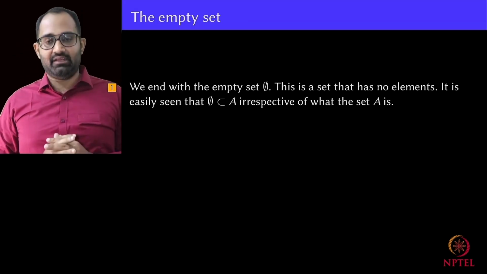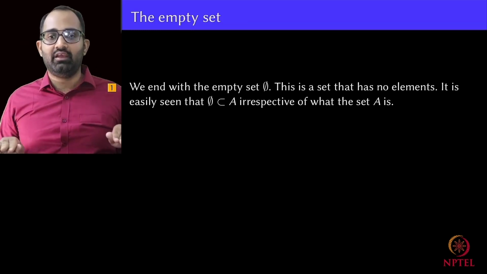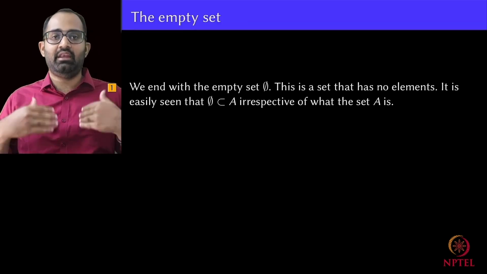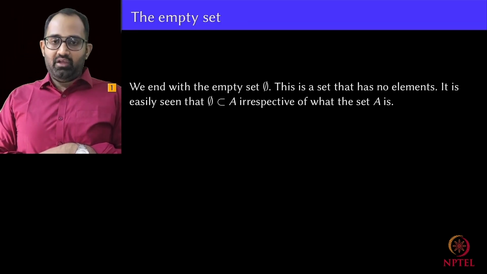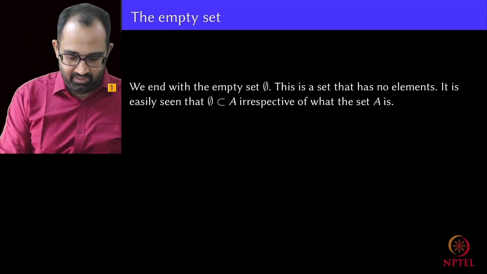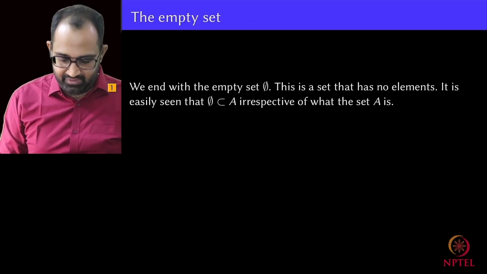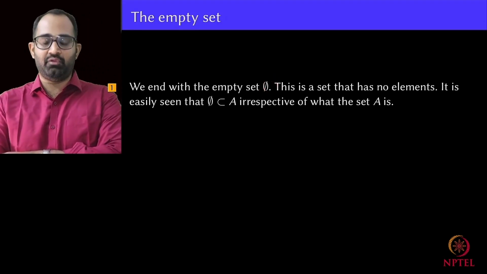The empty set is a set that comprises no elements at all. It is the bottom in our hierarchy of sets. Now, the symbol I will use for the empty set is this red phi, a sort of digital phi, if I might be permitted to say that.